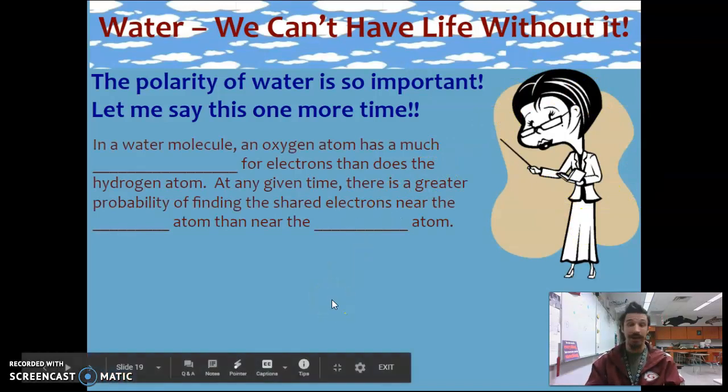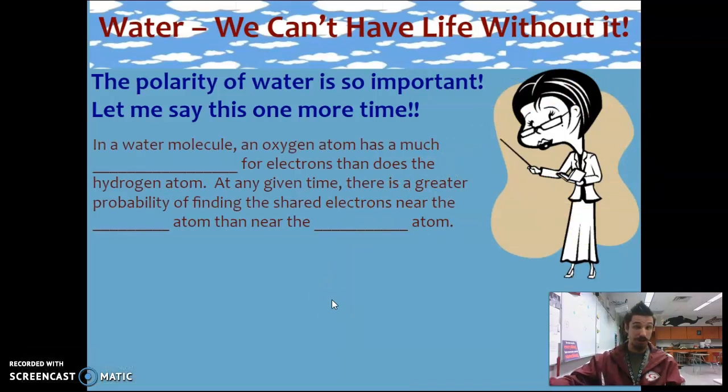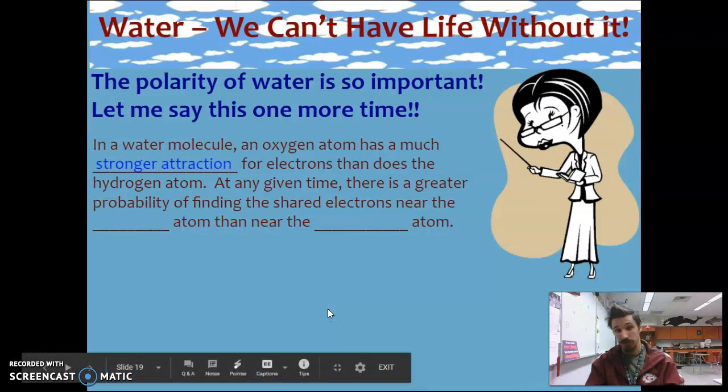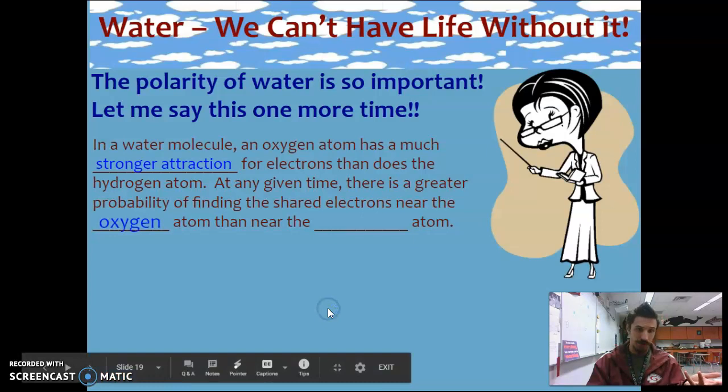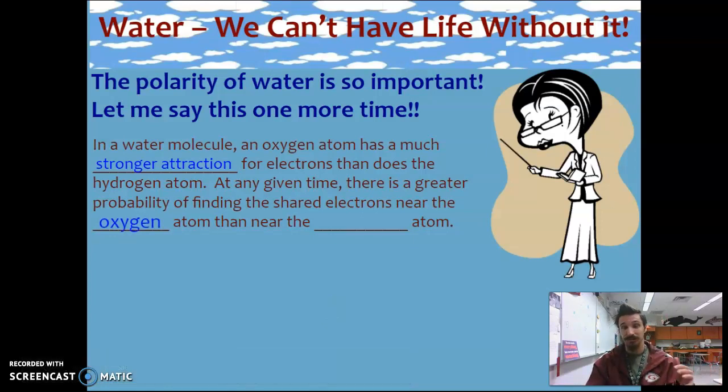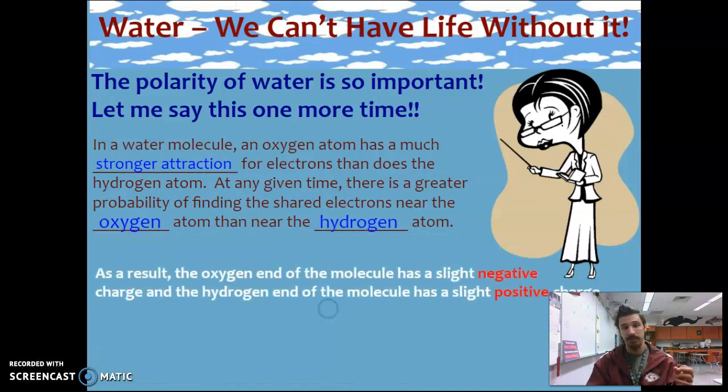Now we know that in a water molecule, the oxygen atom has a much stronger attraction for the shared electrons than hydrogen. So at any given time, there's going to be a bigger and better probability of finding the shared electrons near which atom? Oxygen, because it likes the electrons more, rather than finding the electrons around the hydrogen atom, which likes them much less.